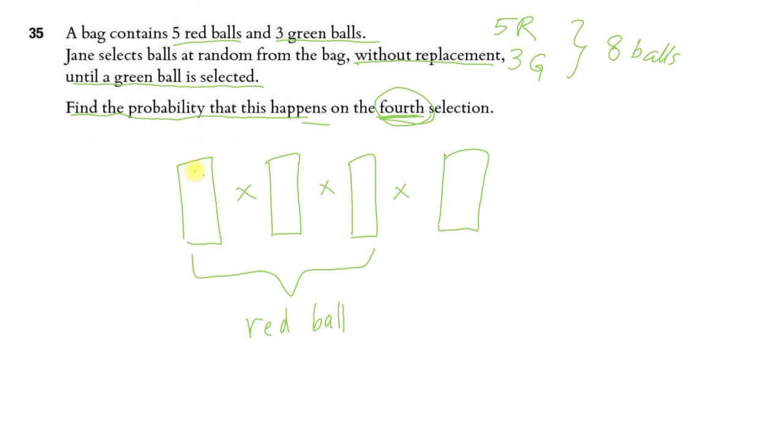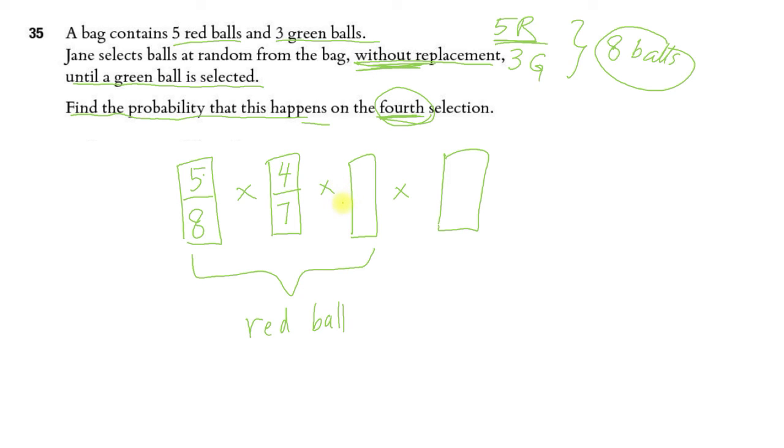Okay, the probability of getting a red ball in the first try is 5, because 5 red balls out of 8 balls. 5 over 8. The probability of getting a red ball in the second try would be 4, because you've taken out 1 red ball. There are only 4 red balls left over 7, total of 7 balls, because you did not put the ball back.